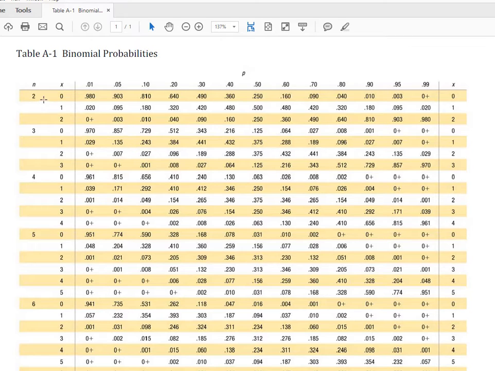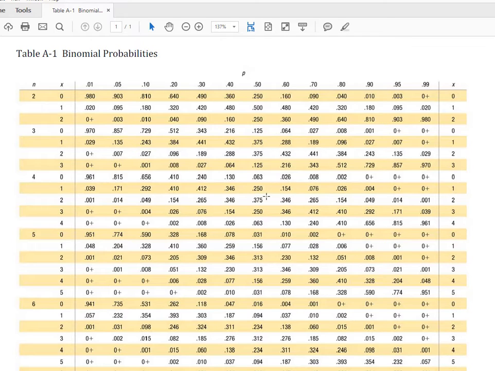So, if I had, for instance, 4 fixed trials, and I want to know the probability of 2 successes, with a probability of 0.5, the first thing I would do is find 4 for my n, and then go to 2 for my x. And then I go across until I match up with the probability of 0.5. And that is my probability answer right there, 0.375.